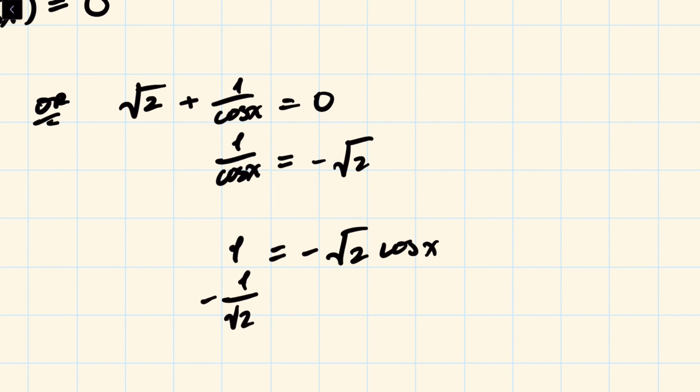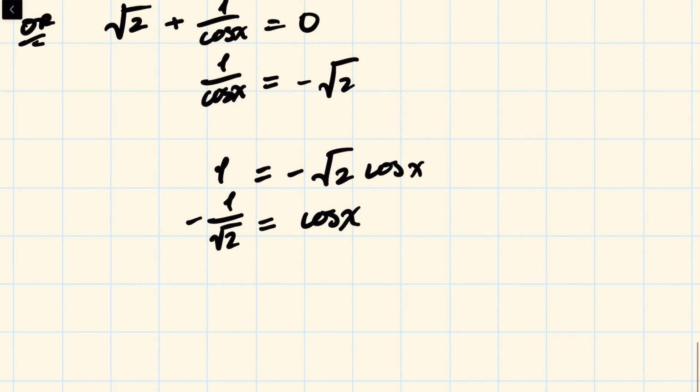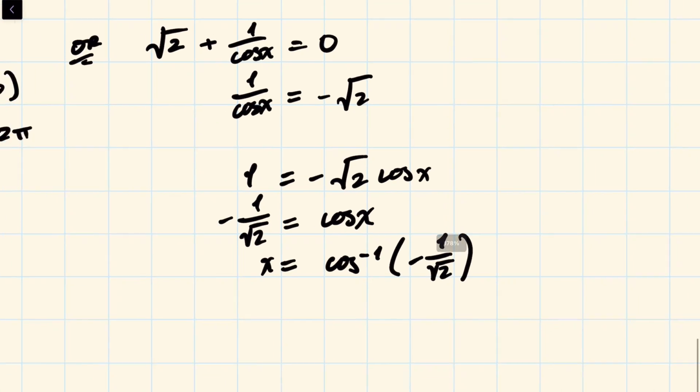So negative 1 over root 2 is cosine of x, because we're dividing both sides by negative root 2, and so x is the inverse cosine of negative 1 over root 2, just taking the inverse cosine of both sides.